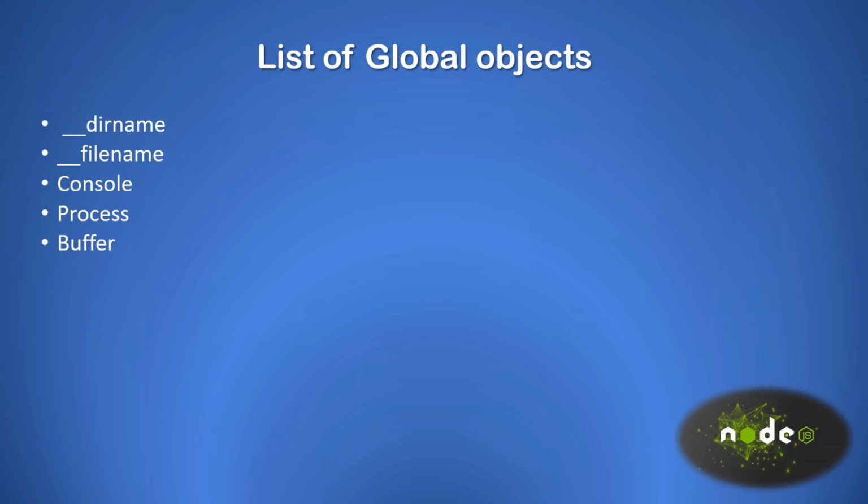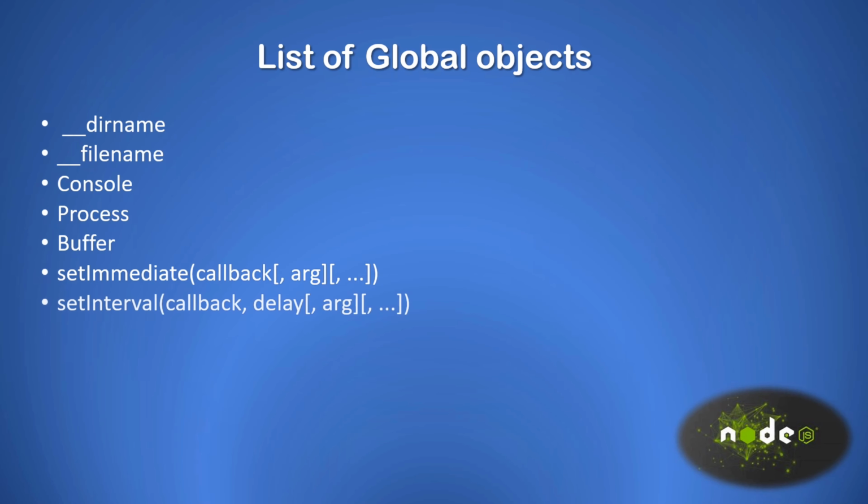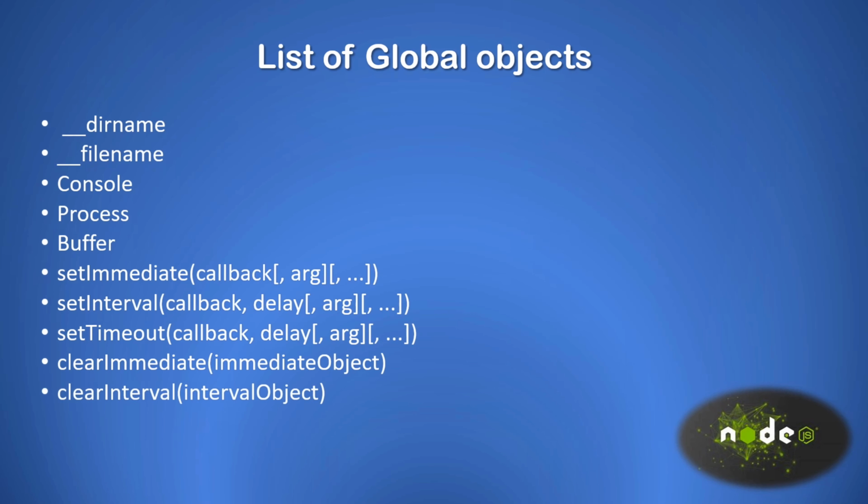As the name says, buffer helps us store raw data similar to an array of integers, which also corresponds to raw memory allocations. And we have some timing-based functions: setImmediate, setInterval, setTimeout, and clearImmediate, clearInterval, and clearTimeout. So these are the global objects we have.